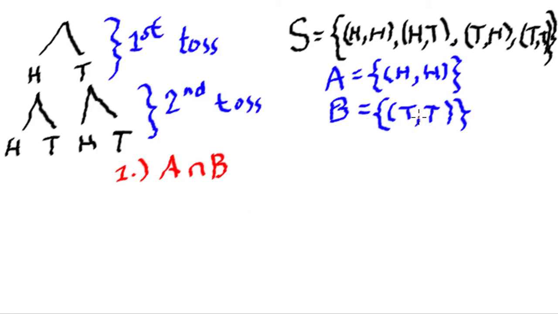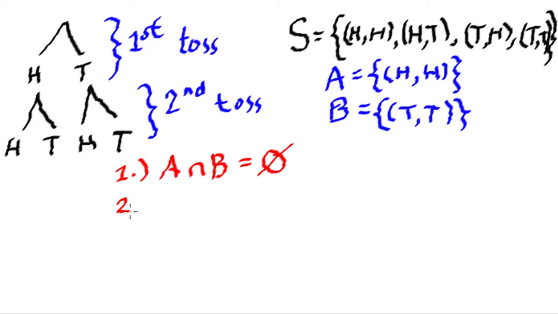That is the common outcomes of events A and B. So we can see by inspection that there are no common outcomes between A and B, because A is strictly all heads, B is strictly all tails. So there's no common outcomes. Therefore, we say that their intersection is a null set. Okay, their intersection is empty.